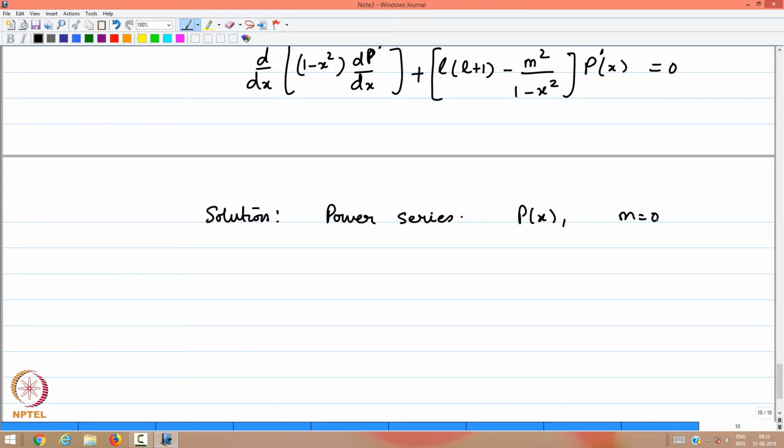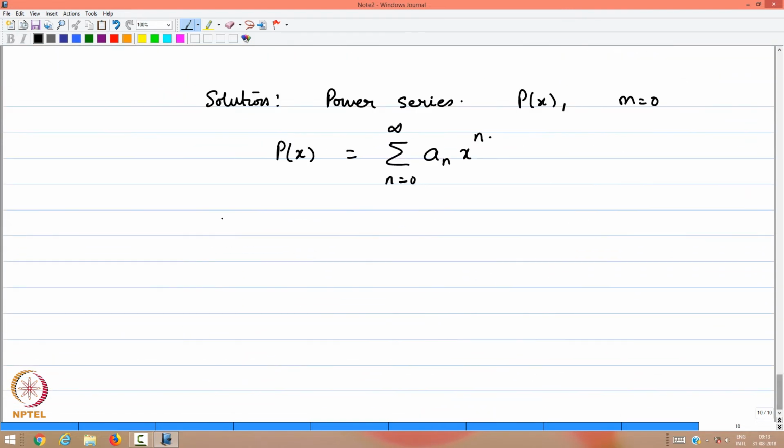So, the solution is in the same way that we did for the other series solutions, namely p of x is written as an infinite series n equal to 0 to infinity a n x raised to n, and the equation that we are going to solve is, let me rewrite, d by dx of 1 minus x square times dp by dx plus L into L plus 1 P of x is equal to 0.